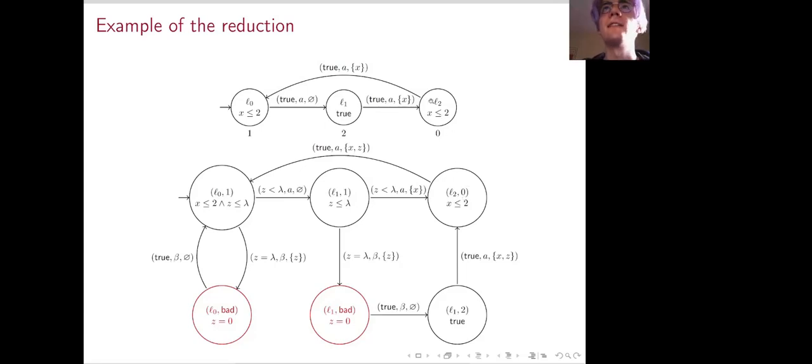So if we exit location L2 to go to location L1, and we leave L2, what we do is we reset Z so as to measure the size of the new window, and we set as the current lowest priority of the window that of the location we are entering, in this case L0, so 1. And this summarizes our reduction.